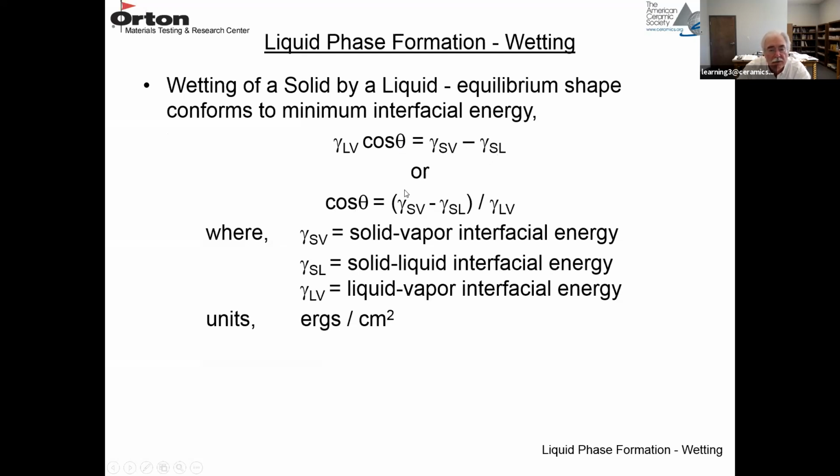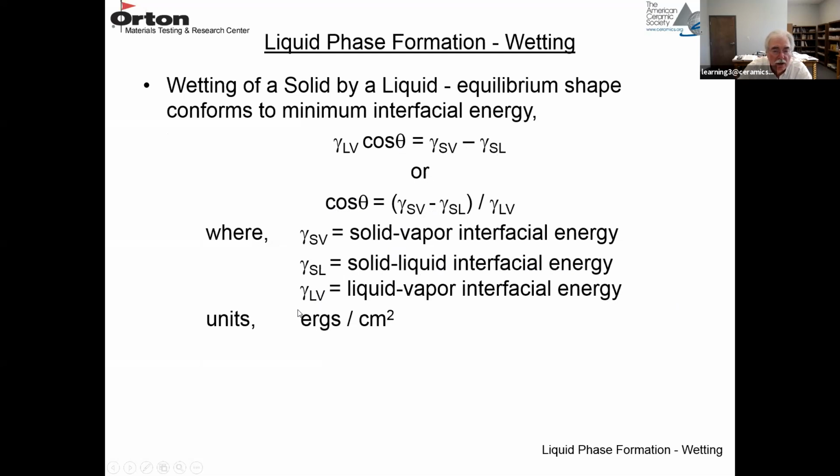Or the way I had it written on the previous slide, cosine theta equals gamma SV minus gamma SL divided by gamma LV. And again, SV is the solid vapor interfacial energy, SL is the solid liquid interfacial energy, and LV is the liquid vapor interfacial energy.